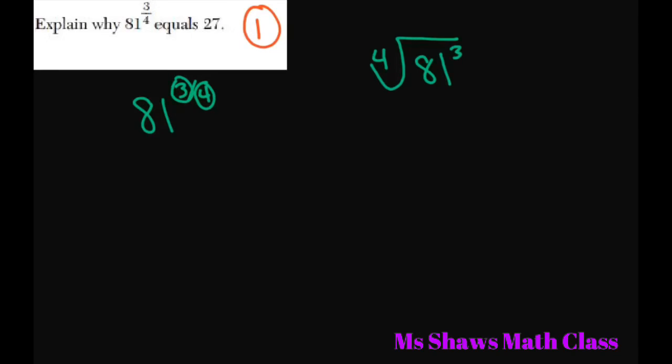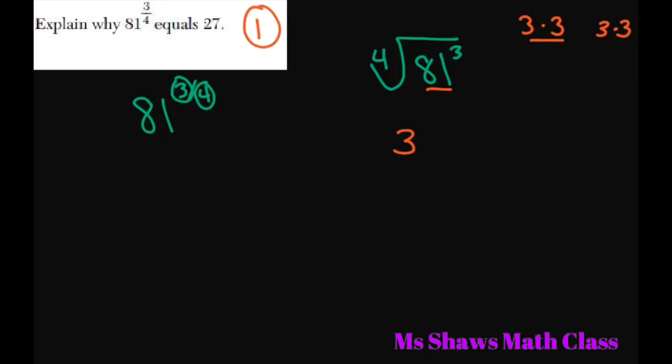Now normally, especially with big numbers, you want to do the fourth root of 81 first. The fourth root of 81 is what number multiplied by itself 4 times gives you 81. That would be 3, because 3 times 3 is 9, and 9 times 9 is 81.